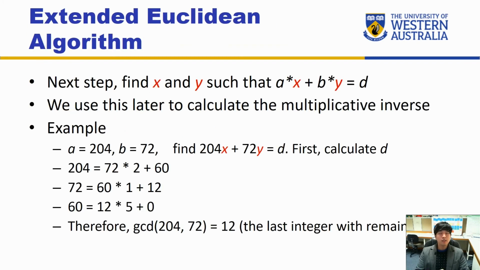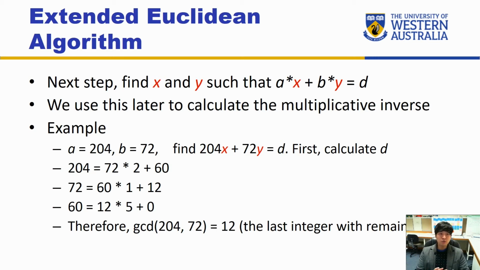Now, once we know how to do GCD, we also need to know how to do the extended Euclidean algorithm in order to find the multiplicative factors that produce the GCD. That means there are two values, x and y, such that a times x plus b times y results in d, which is the GCD of a and b.